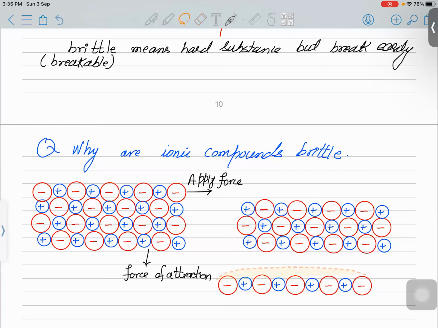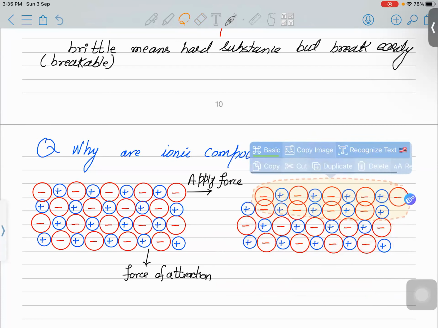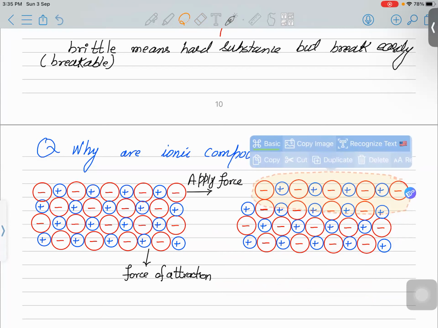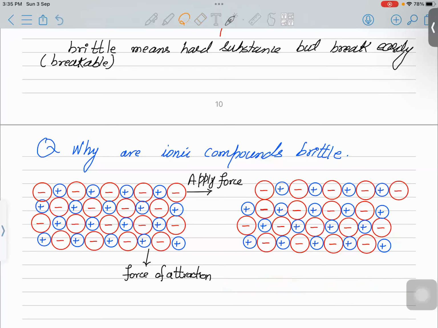Now this layer moves forward. Now force of attraction converts into force of repulsion. Now you can observe we have force of repulsion. So due to repulsion, this layer breaks.